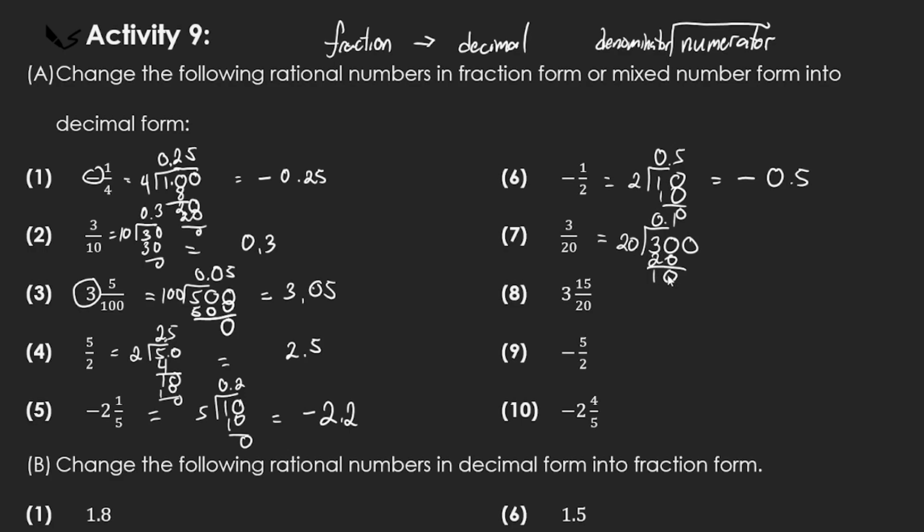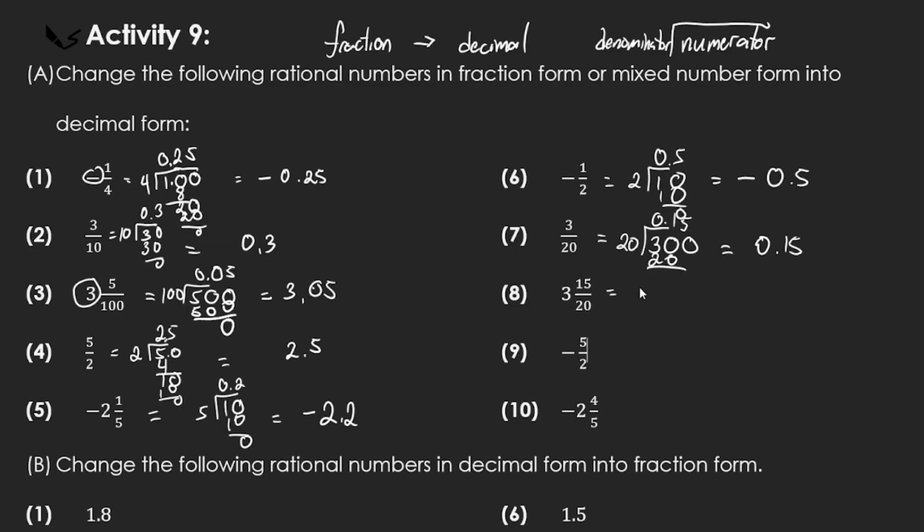And since we have a remainder, how many 20's are there in 100? There's 5. So 5 times 20 is 100. And we have no more. And 3/20 in decimal form is 0.15. There you go.